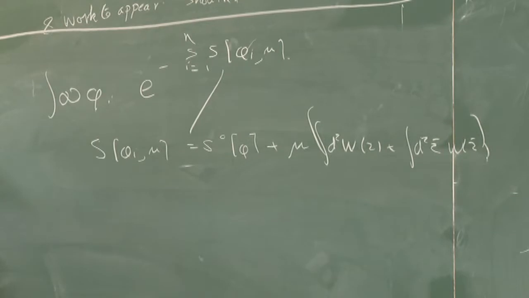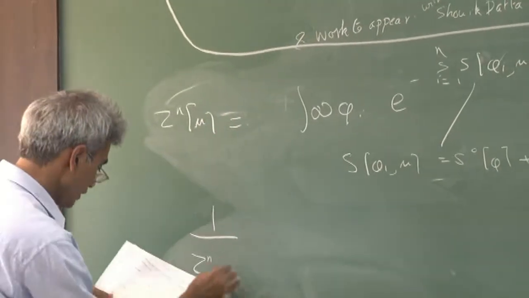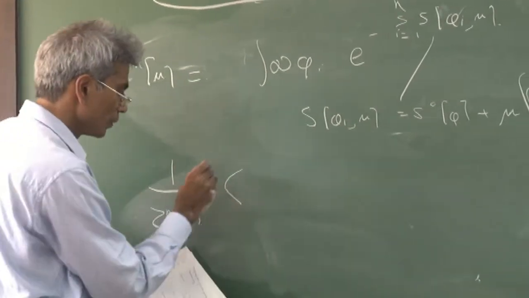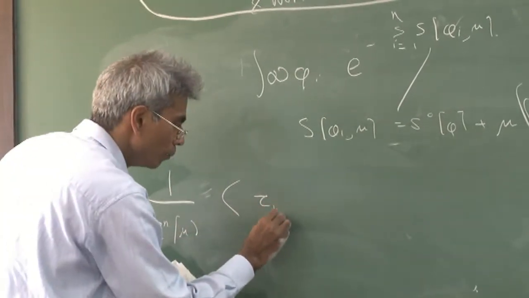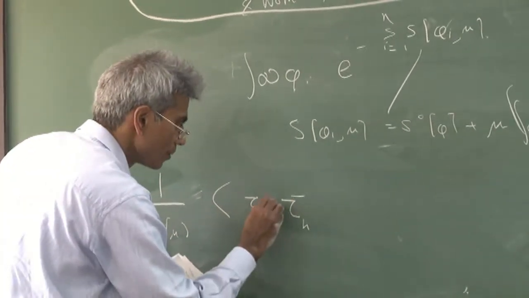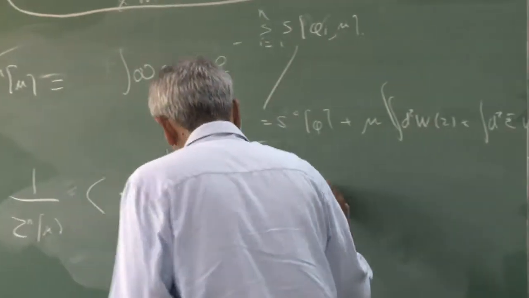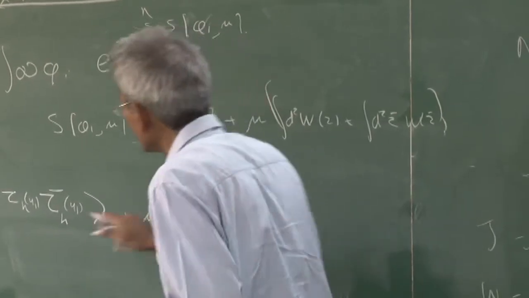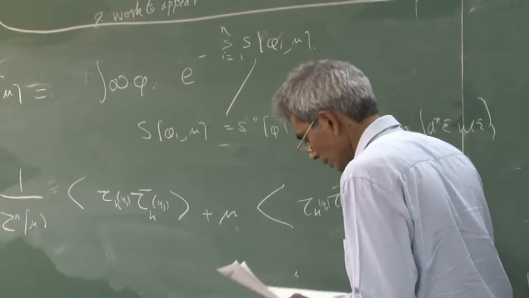This is Z_n at mu, the partition function, so this is normalized. We need to evaluate the following things in perturbation theory. Once you see the structure, you would see it. Of course, the simple twist operators, that's the leading order, plus mu times the twist operator tau-n-bar. These things are at the position of the endpoints, y1, y2.